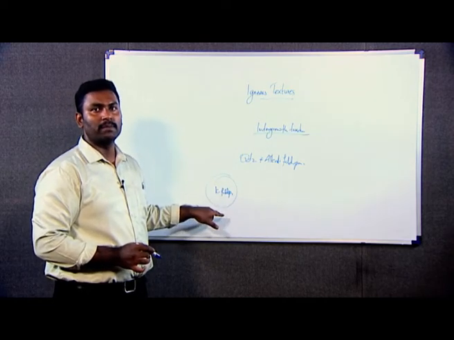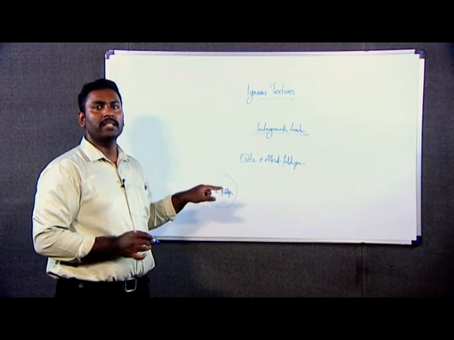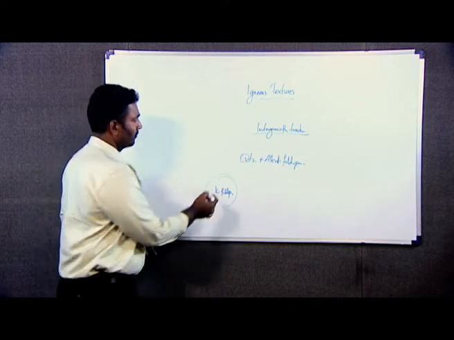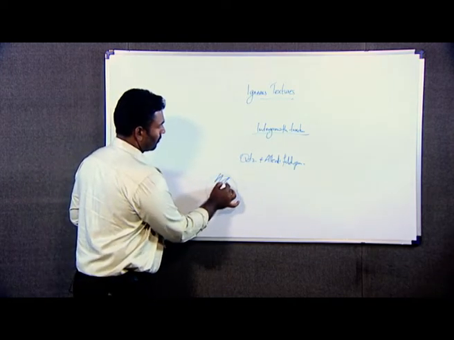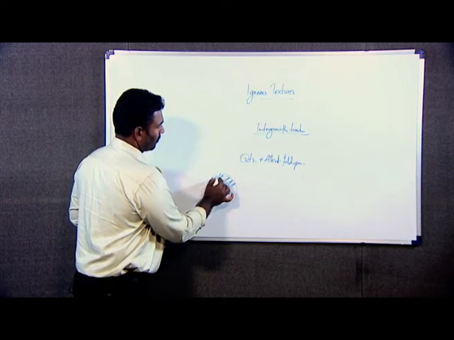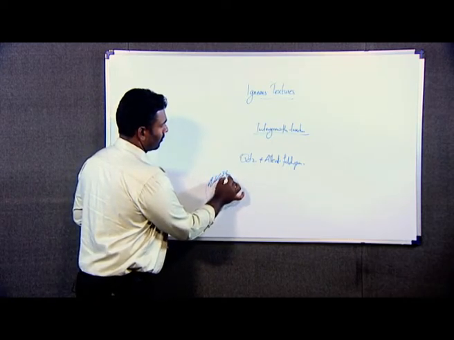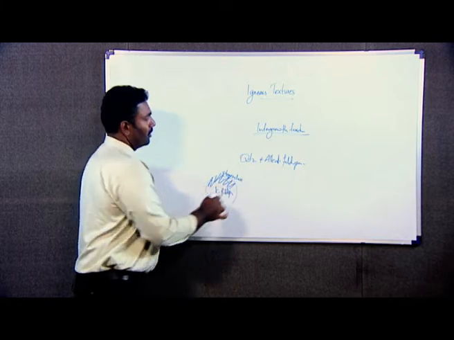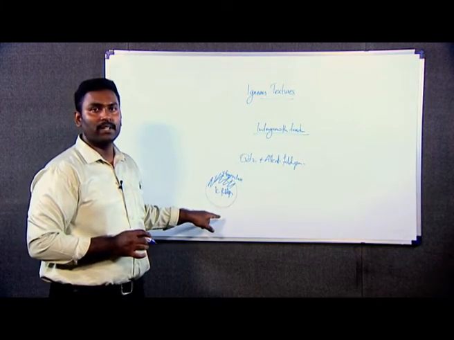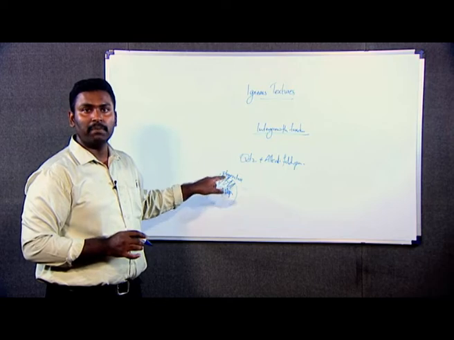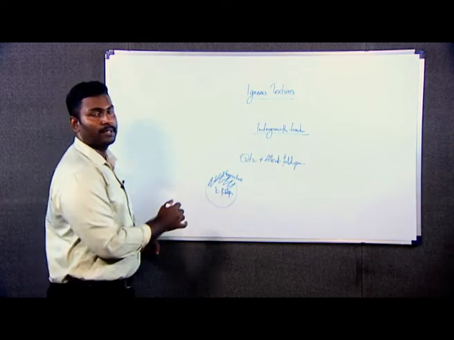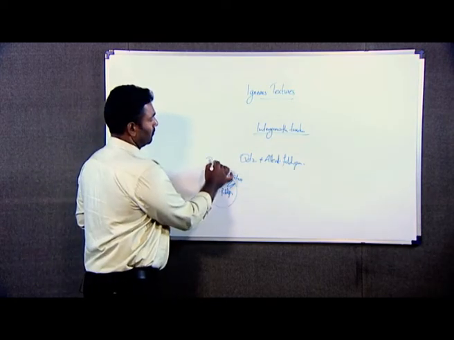Within this potash feldspar, plagioclase minerals are intergrowing. So if the host mineral is potash feldspar and the intergrowing mineral is plagioclase, then this texture is termed perthitic texture.